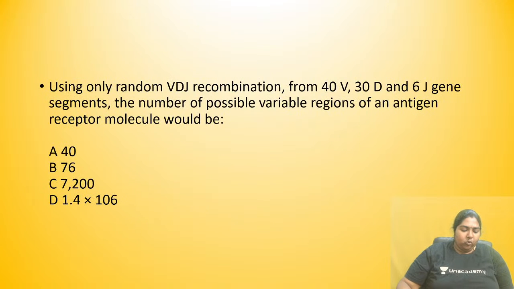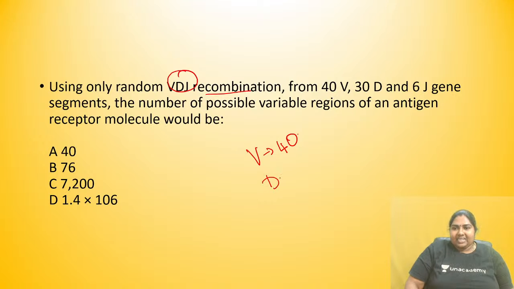Now one numerical we will do before we go into the recap session. Using only random VDJ recombination, from V it is going to be 40, from D it is going to be 30, and J it is going to be 6 segments. So what is the possible variable region?